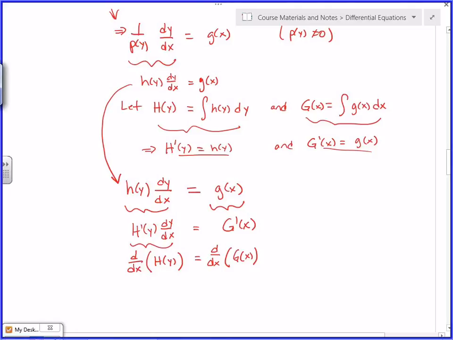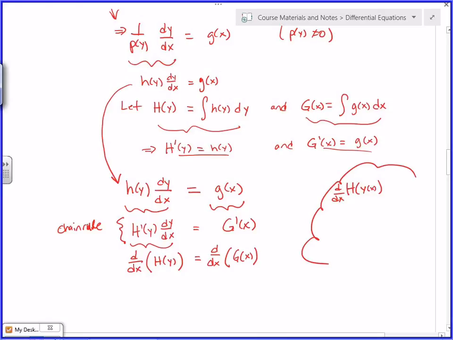I now say that this whole thing here is the chain rule. I've basically reversed the chain rule. If I gave you an h of y that depends on x, and I said take the derivative of that with respect to x, what does the chain rule say that you do?